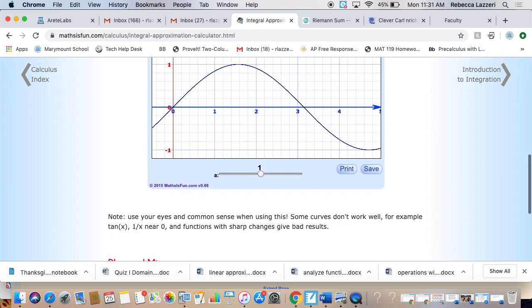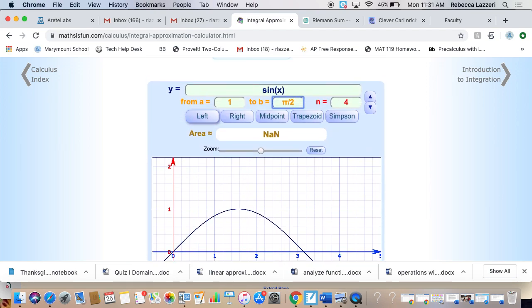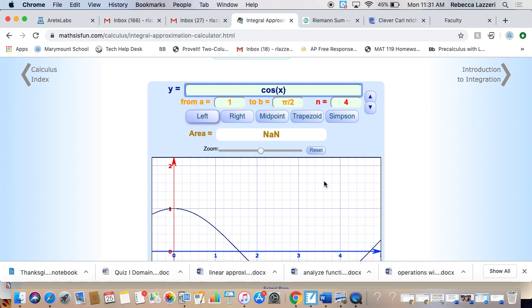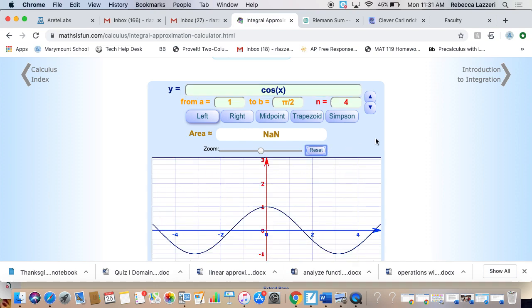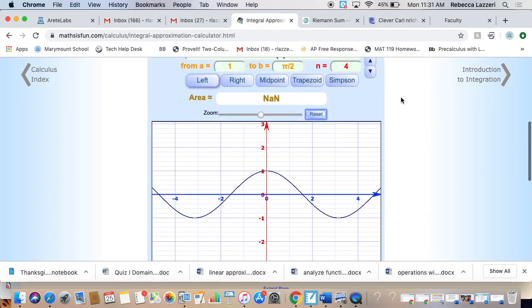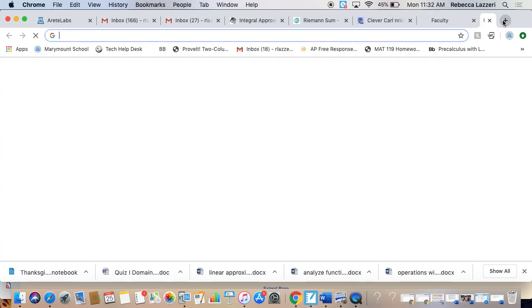I think it just doesn't recognize. Wait, are we doing cos? Oh, yeah, because it reset. Maybe you could just put the approximation 6.28. Let me look for another one.